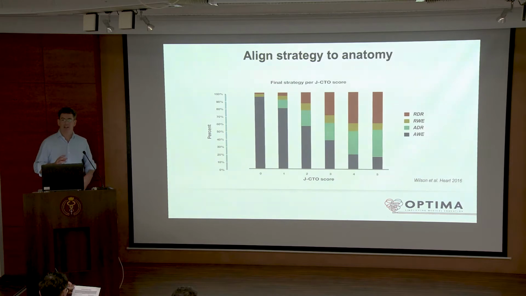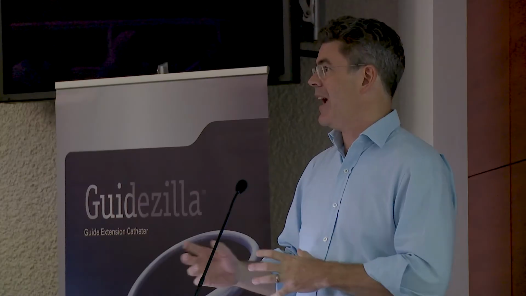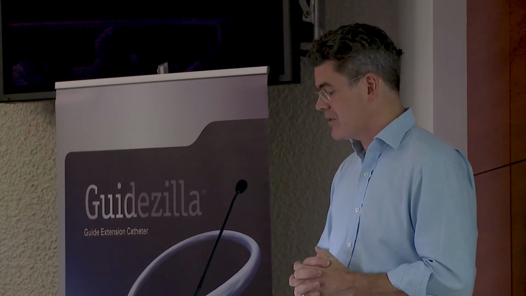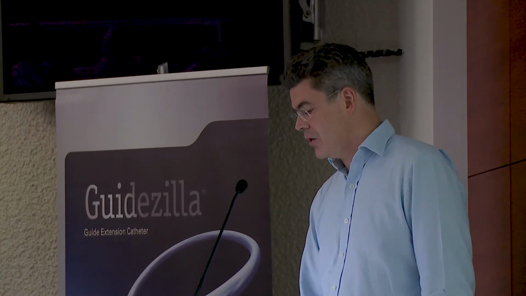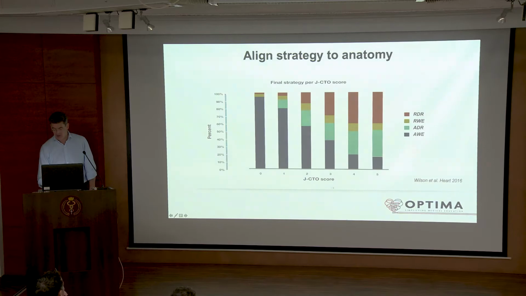So you have to align the skills that you're going to be deploying according to the anatomy of the lesion. And so fundamental to how you plan your case and how the flow of the case will go will be your assessment at the outset of the complexity of the anatomy. If you look at the JCTO score, as it increases in complexity, then the proportion of these more complex skills that you're going to have to use will increase.